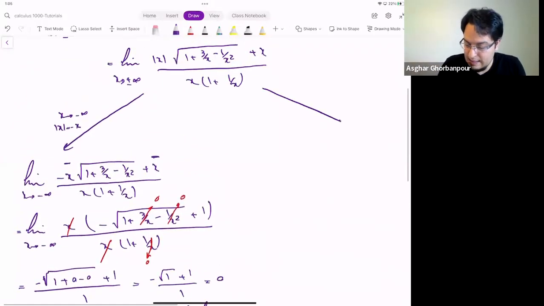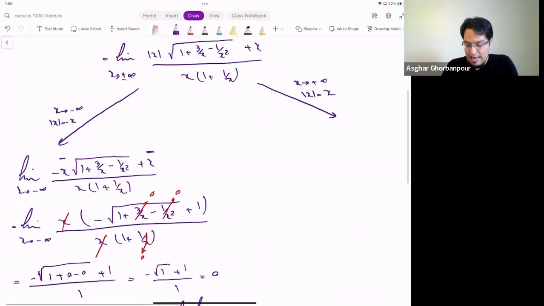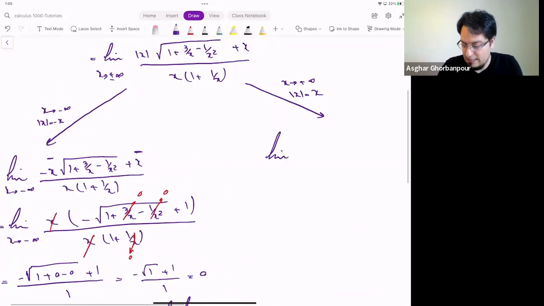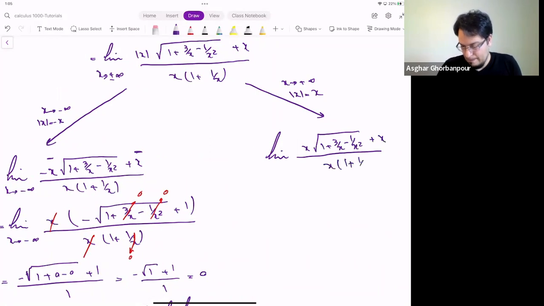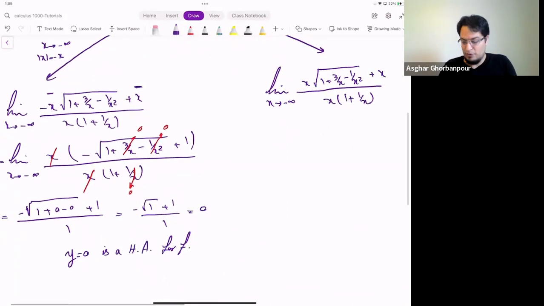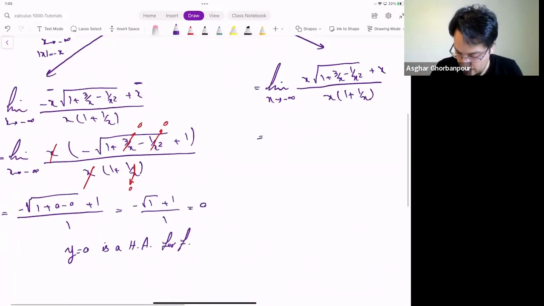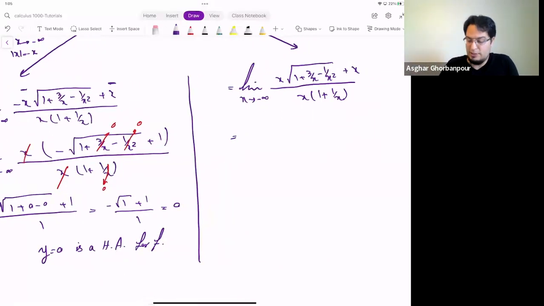How about when x goes to plus infinity? In that case, the absolute value of x is equal to x. And the computations that we did here will repeat themselves, with the difference that now I don't have the negative sign multiple for our square root in the numerator.